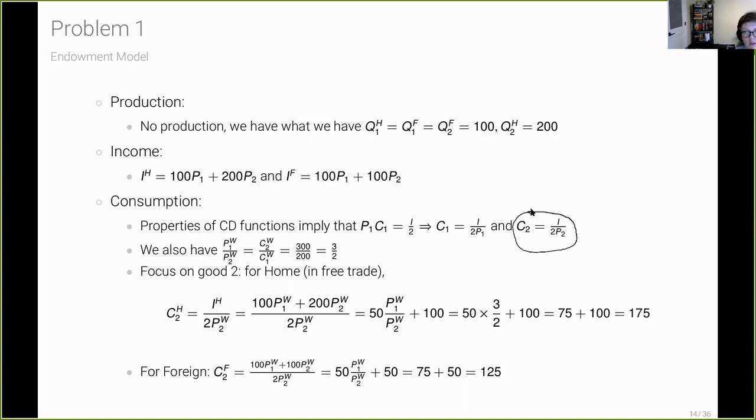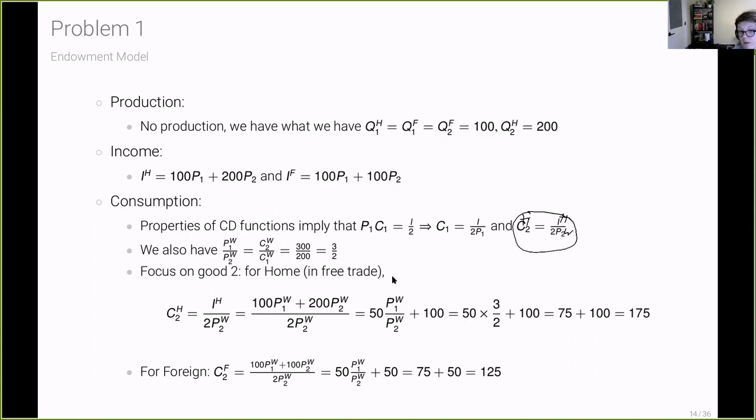So you follow along with how the properties of Cobb-Douglas functions imply this relationship, right? Yeah. Okay. So then I'm just going to replace all of these values with Home's version of these values. I'm going to plug in for Home's income, and I want to think about Home's consumption of good 2 in free trade.